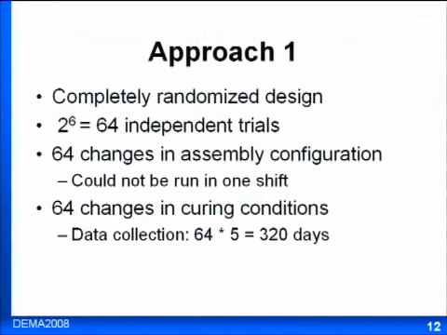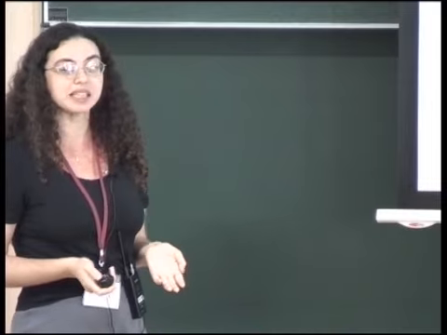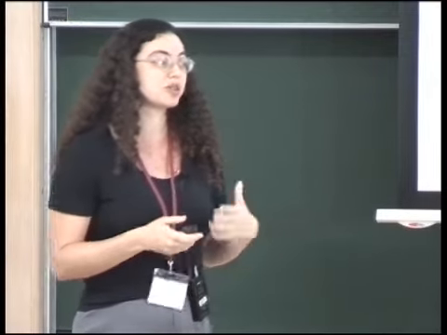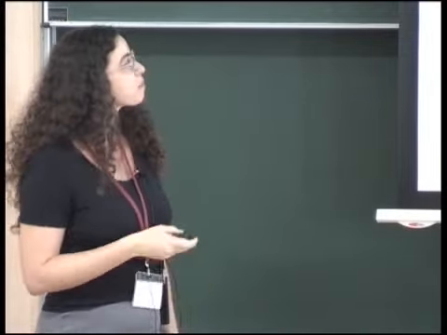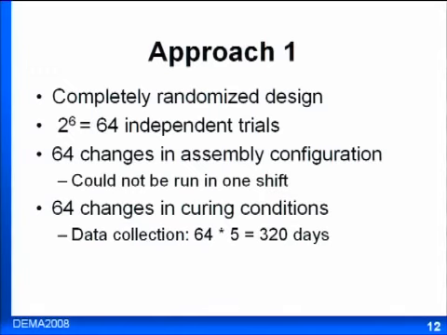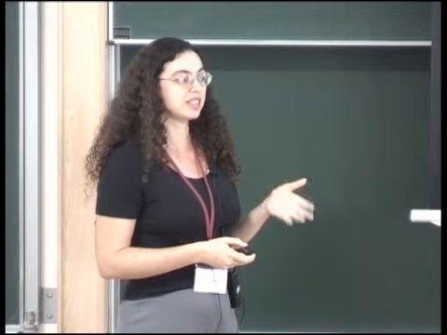Now we're going to see some design approaches based on randomization. The first approach would be a completely randomized design with 6 factors, using 2 levels for each one. We'd have a total of 64 trials. And what would be the consequence? With a completely randomized design, you have to change the assembly configuration 64 times, and also change the curing conditions 64 times.